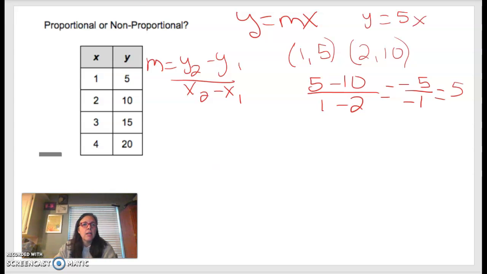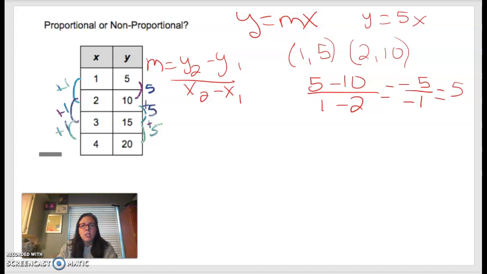Now, another way you could have done that is just by doing, remember, this is just the change in y. So you could say, okay, this went up 5, up 5, up 5. It was +5. This is going up 1, up 1, up 1.